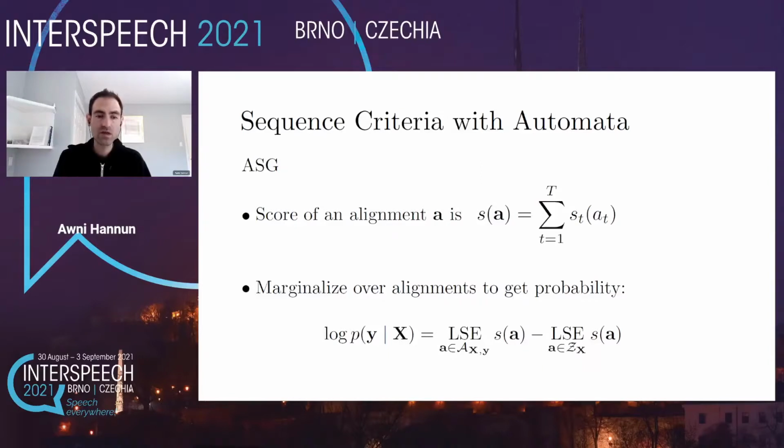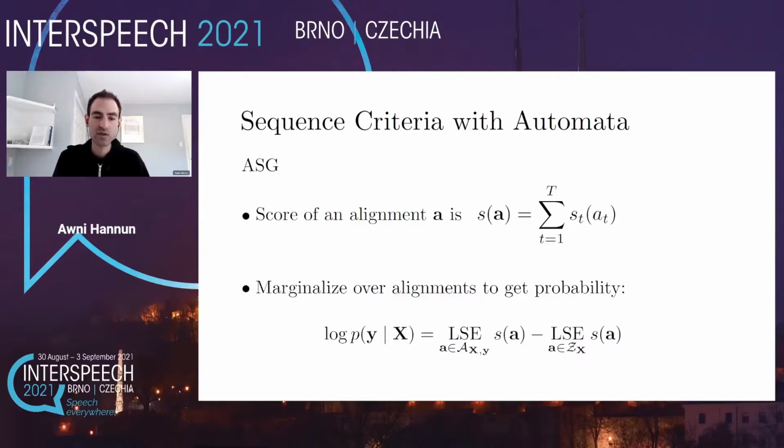Given any specific alignment, I can compute its score. Right now this is just math, not with graphs, just with vectors as usual. If I want the score of an alignment A, I take the sum of the individual scores of each of its entries.